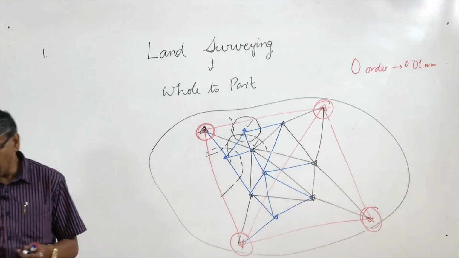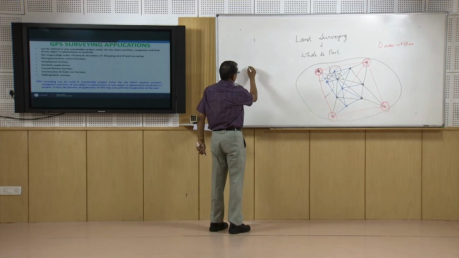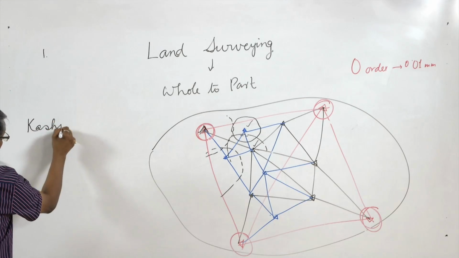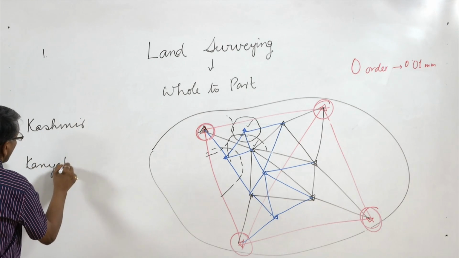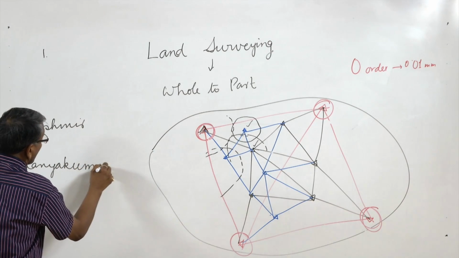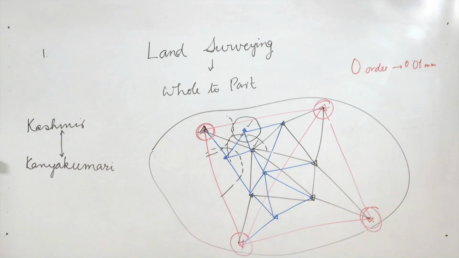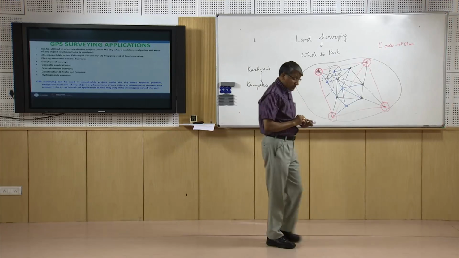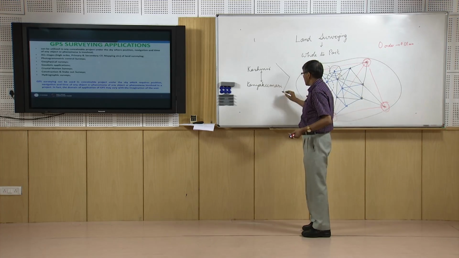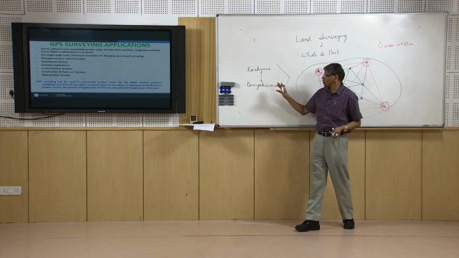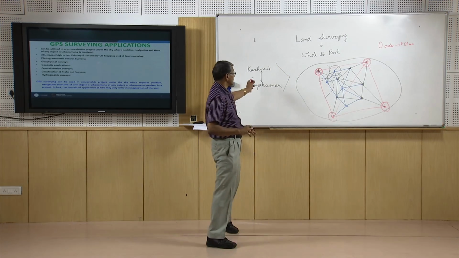Suppose we want to measure the distance from Kashmir to Kanyakumari. This involves thousands of kilometers. Earlier it used to be a proposition near to impossible, but nowadays we can do it quite easily.